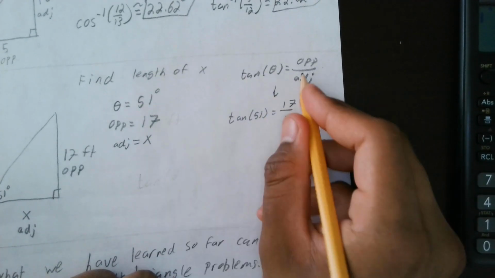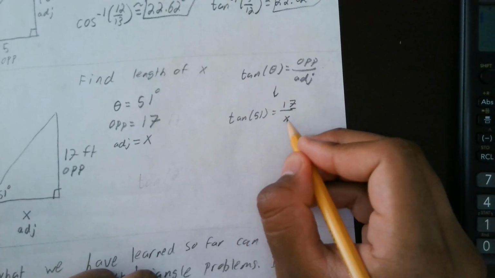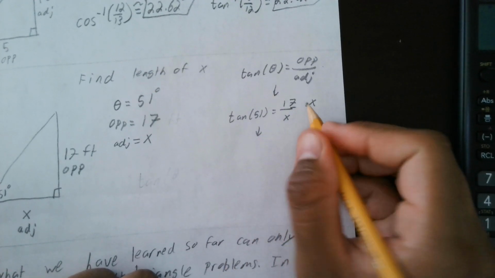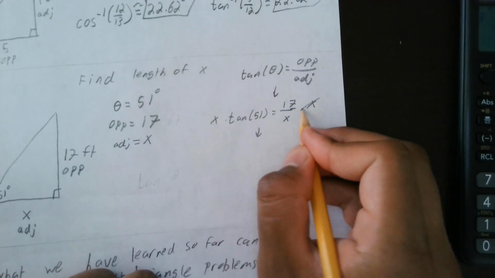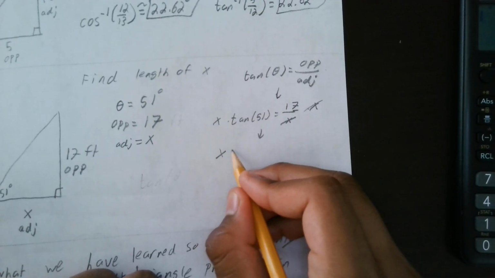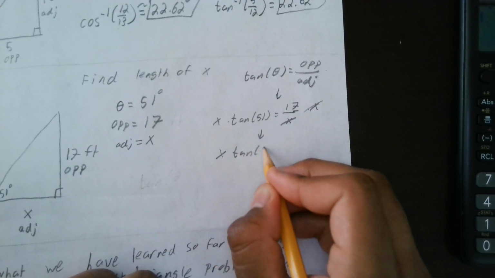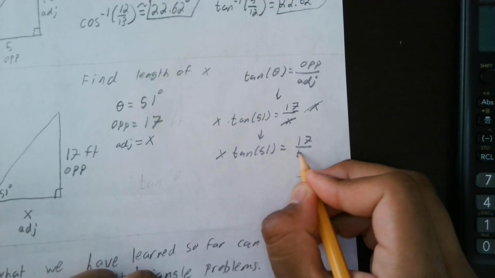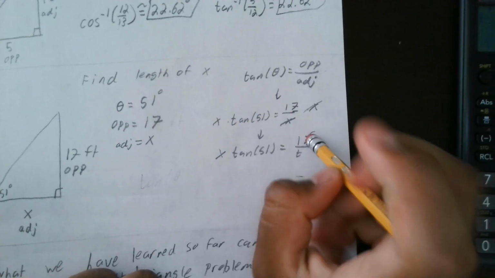We're substituting x for the adjacent. Now we'll multiply both sides by x. We get x times tan 51 equals 17.